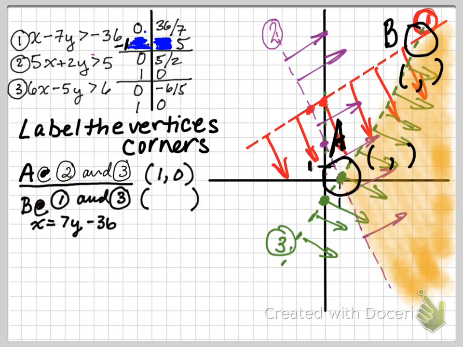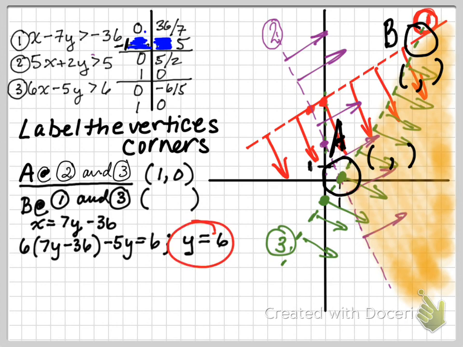All right, so let's do that substitution. So I have 6 times (7y minus 36), minus 5y, equal to 6. If I go and solve that, I'm not going to work through all the steps on it. This is just basic algebra, right? If I work through it, I find out that y is equal to 6. And then, of course, what do I do with that 6?